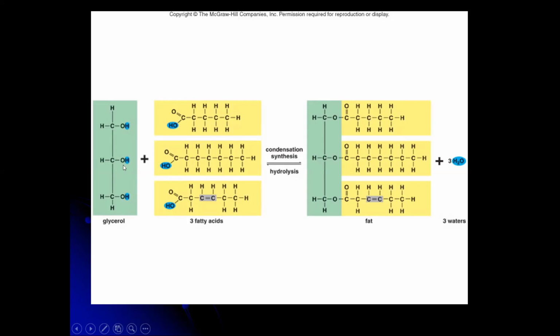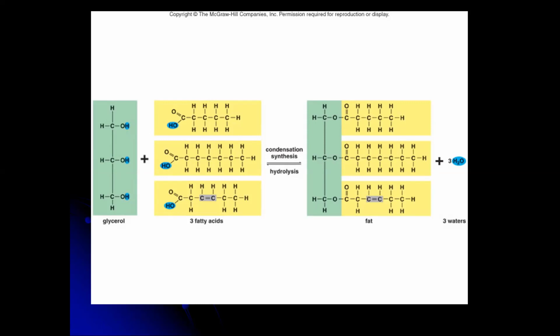And you see the blue highlighted atoms are what are going to be released so that the bond can form there and there and there. And that's going to leave us with 6 hydrogens and 3 oxygens to form up some molecules of water.